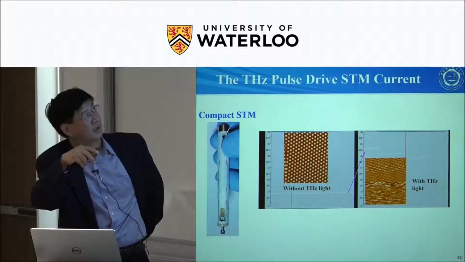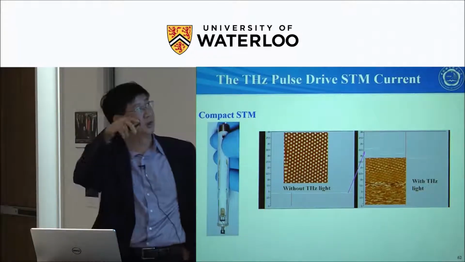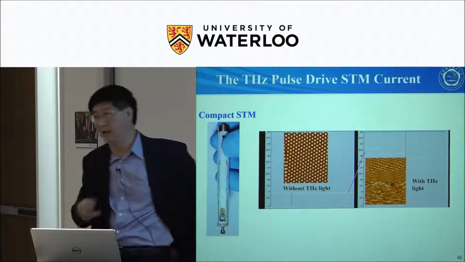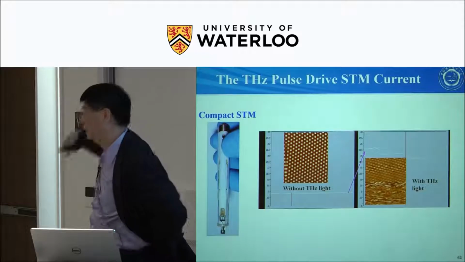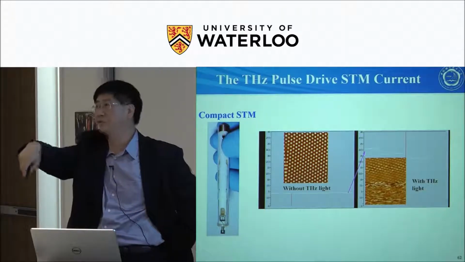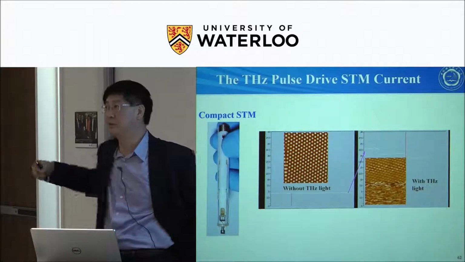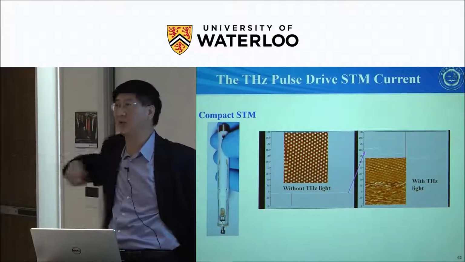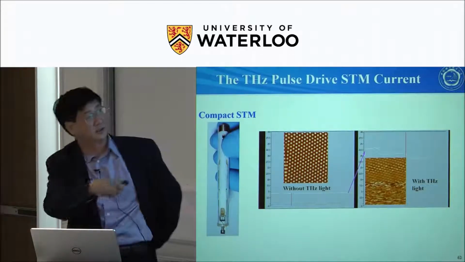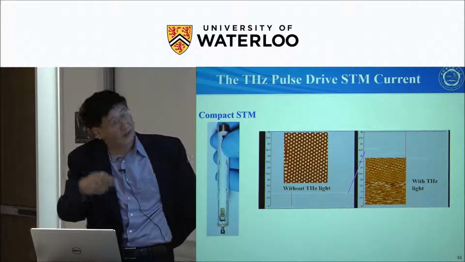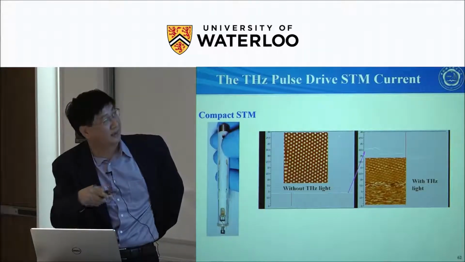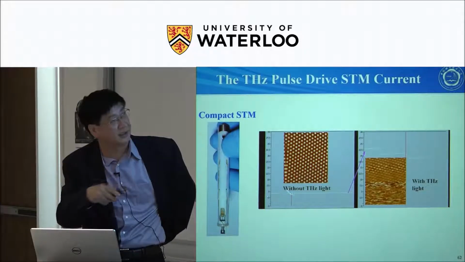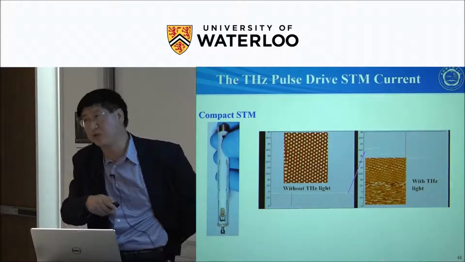We call it the compact STM. This one is really tiny. I can just hang this thing over this door here, and I can still image the atoms on the surface. So students can just open the door, close the door. Well, I cannot say this is perfect. When we applied the terahertz beam on these tips inside here, the picture became worse.